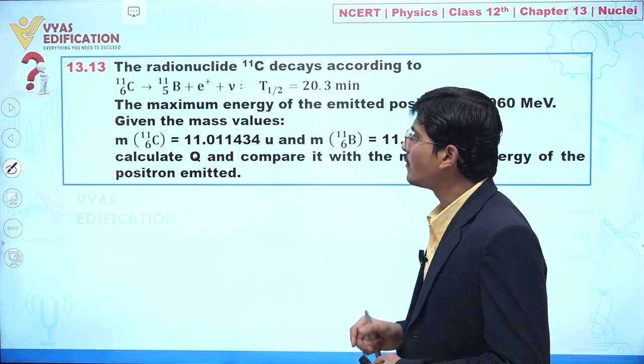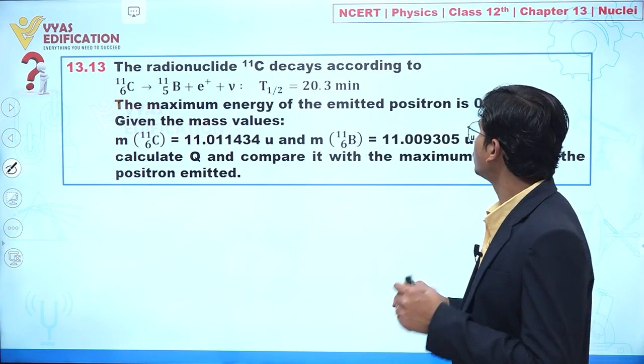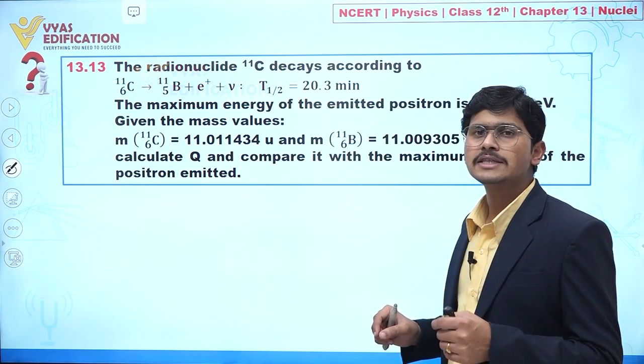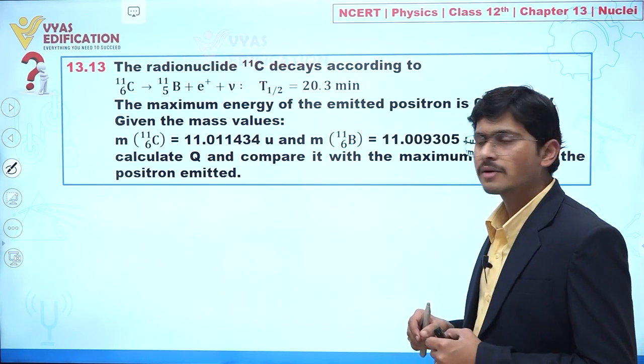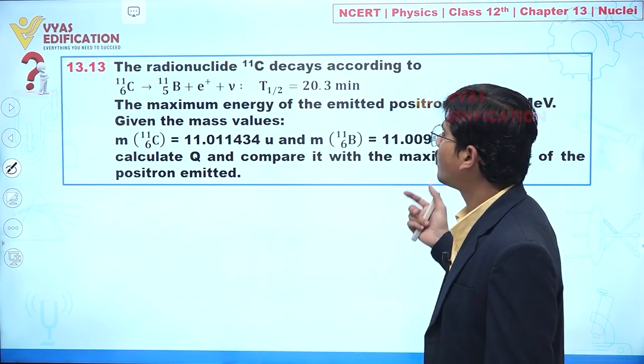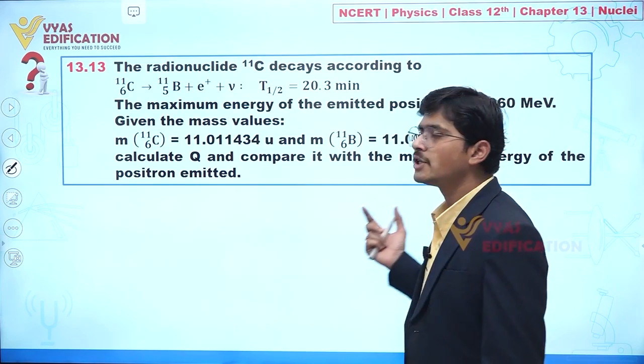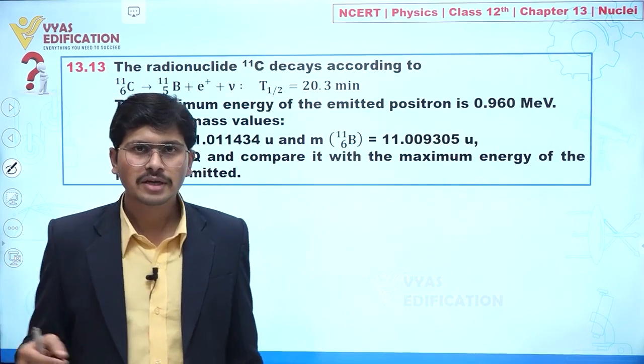Half life is also given to you and the maximum energy of the emitted positron is given as 0.960 million electron volt, clear. Now different mass values are given to you and we have to calculate the Q value and compare it with the maximum energy of the positron emitted, clear to everyone.